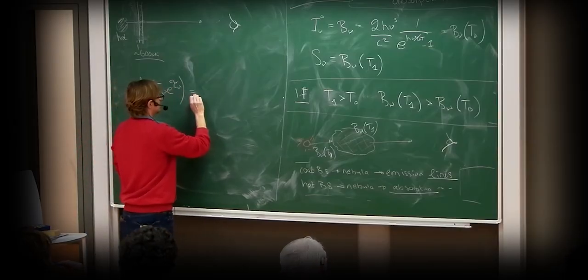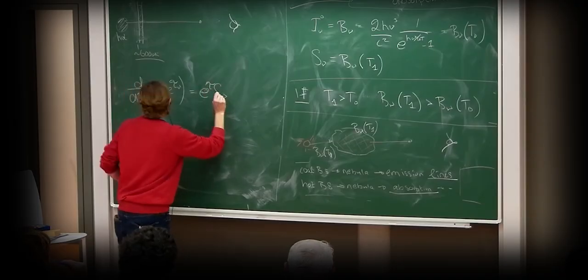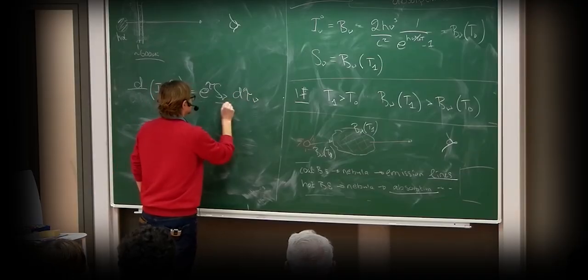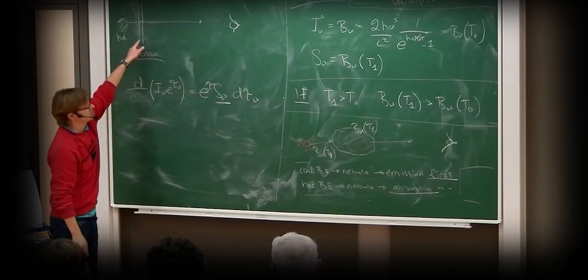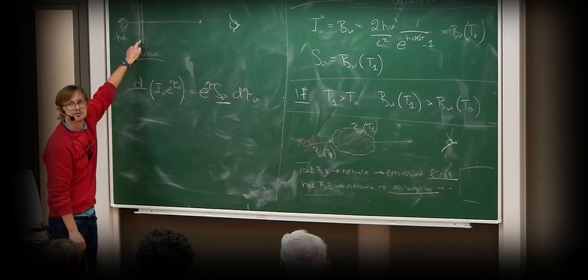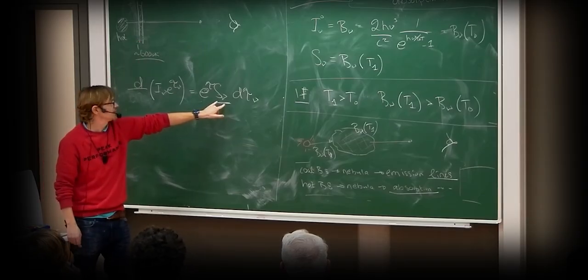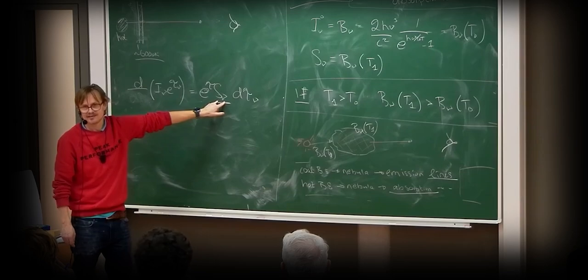Equal to e to the tau nu S nu, or d there and d tau. Yeah? But if this now is no longer constant as we assumed, then we can't solve the integral in the same way. We have to account for that dependence.